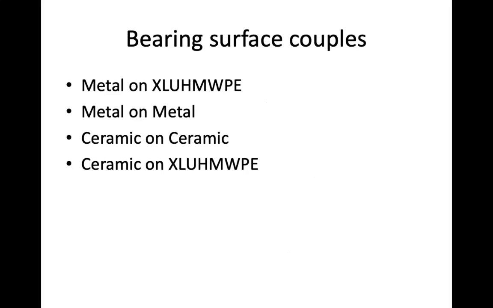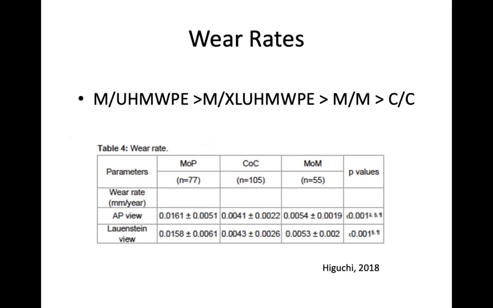So let's talk about bearing surface couples. We've spoken about metal on cross-linked polyethylene. There's metal on metal, there's ceramic on ceramic, and there's ceramic on cross-linked polyethylene. Although conventional polyethylene and metal advanced arthroplasty, problems with osteolysis led to research to identify bearing couples that had less wear. These included, again, metal on metal and ceramic on ceramic.